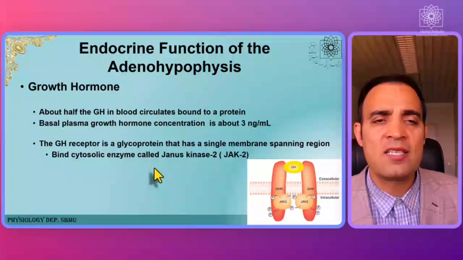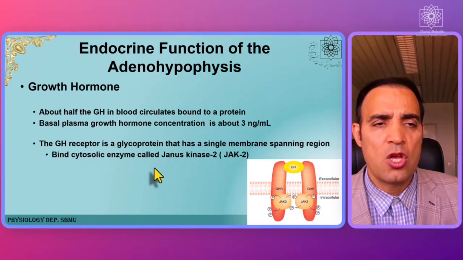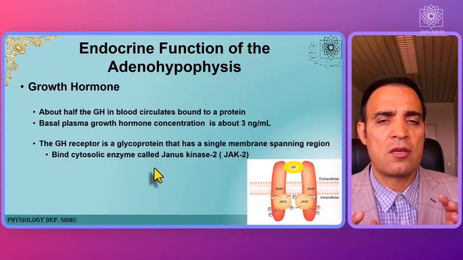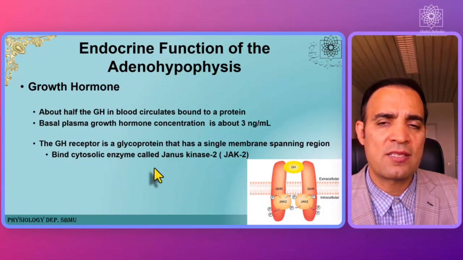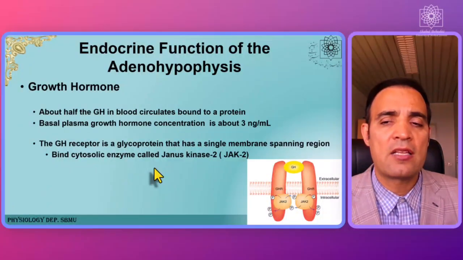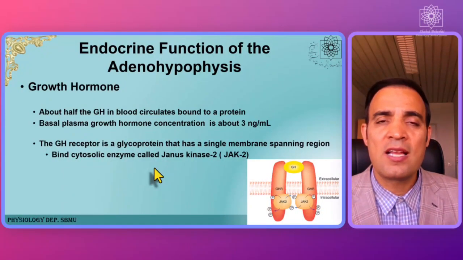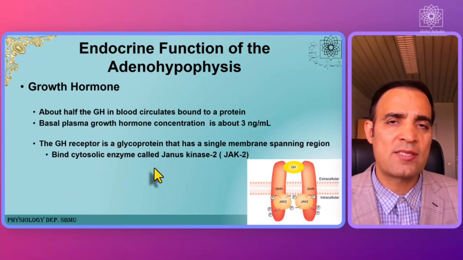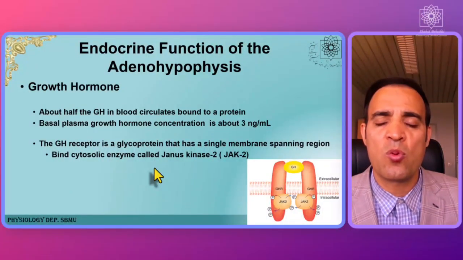But growth hormone, as I told you, when it is released into the blood, is a protein. It has a basal concentration of about 3 nanograms per milliliter, and it acts on the cells that have a receptor for it, such as muscle cells, adipose tissue and bone.